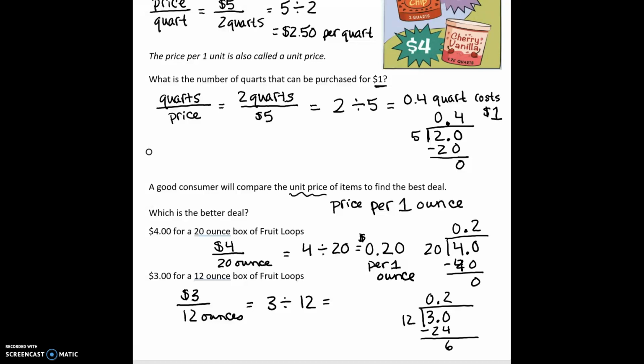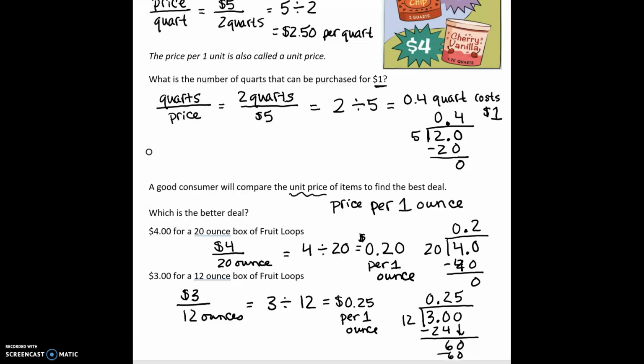There's 6 left over, so I have to carry down another 0. 12 goes into 60 5 times with 0 left over. So my answer here is 0.25 or 25 hundredths of a dollar or 25 cents per 1 ounce.